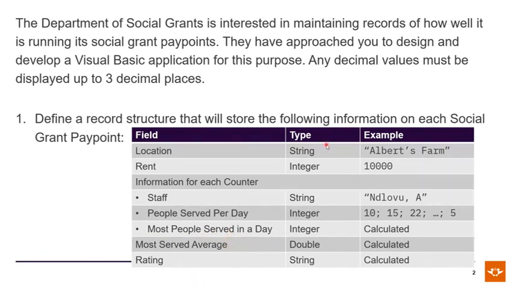However, you can see that in the type column, we've already specified that these are going to be an integer, this is going to be a double, and this is going to be a string. Now, in terms of our design, I'm not going to spend too much time going through all the inputs and outputs. I think by now you're pretty good with the inputs and outputs within your own designs.